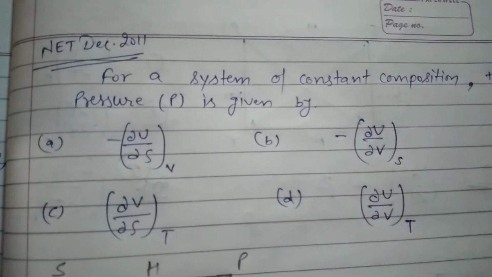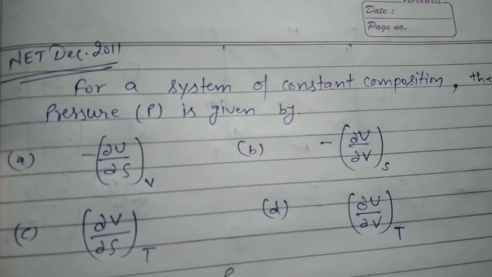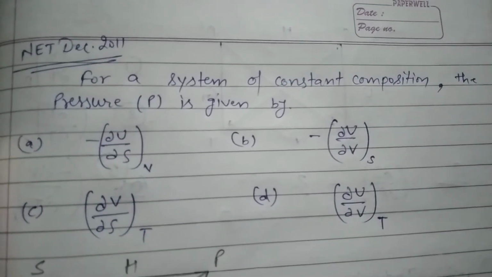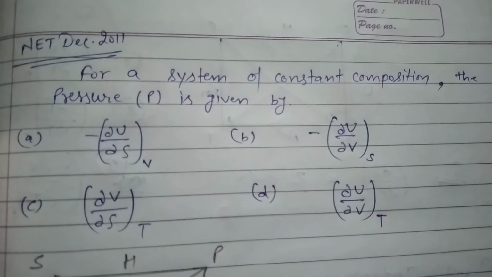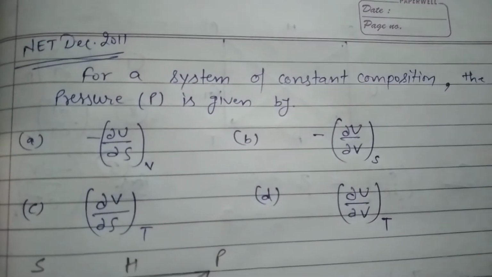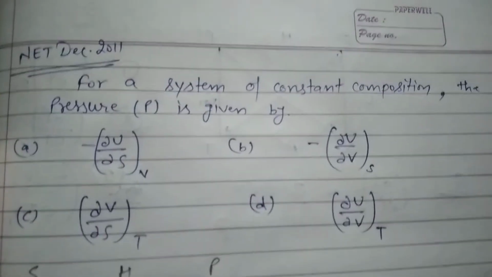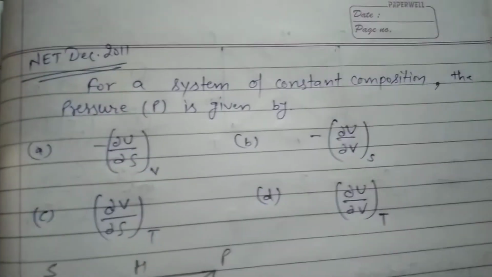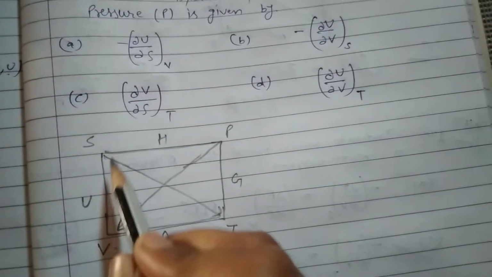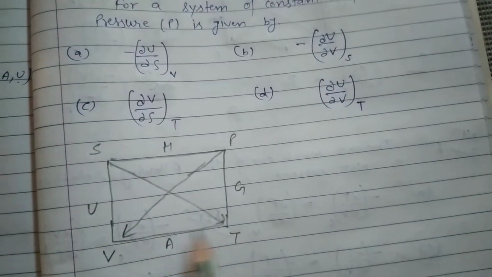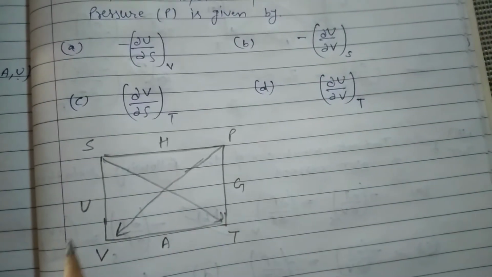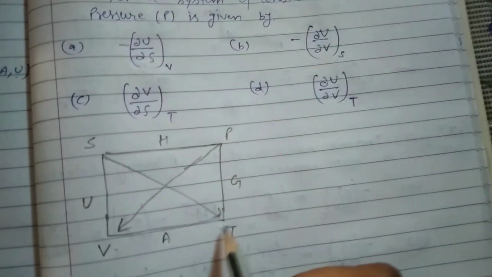Now we can try some questions, and this is a question from NET December 2011. The question is: for a system of constant composition, the pressure P is given by, and four different options are given here. First of all, for solving this type of problem, we have to draw the thermodynamic square. Again and again we are drawing the thermodynamic square, so it is very important to know about it, and you have to remember all these things.